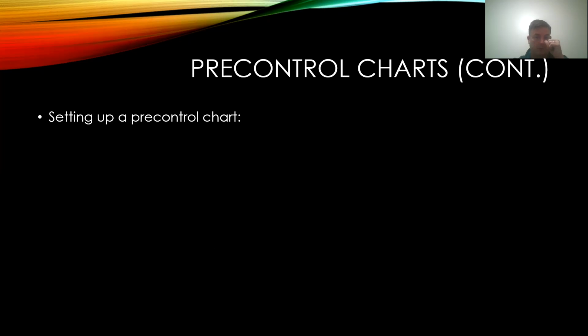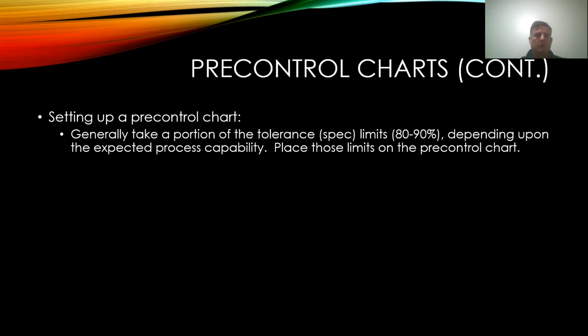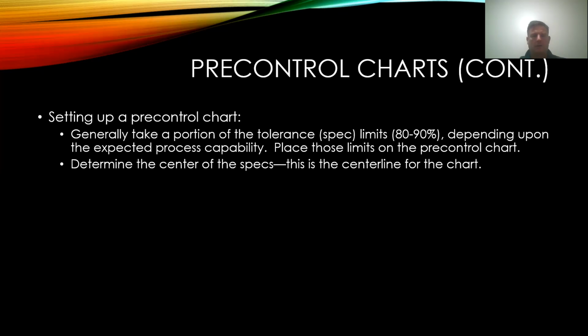So, setting up a pre-control chart, and this is all right from the book. You take the portion of your tolerance or spec limits and make it about 80–90% of what it is, so that you know you're going to be well within it, depending on the expected process capability. How critical is it? Then place those on the pre-control chart and determine the center of the specs, which is going to be the center line for the chart.